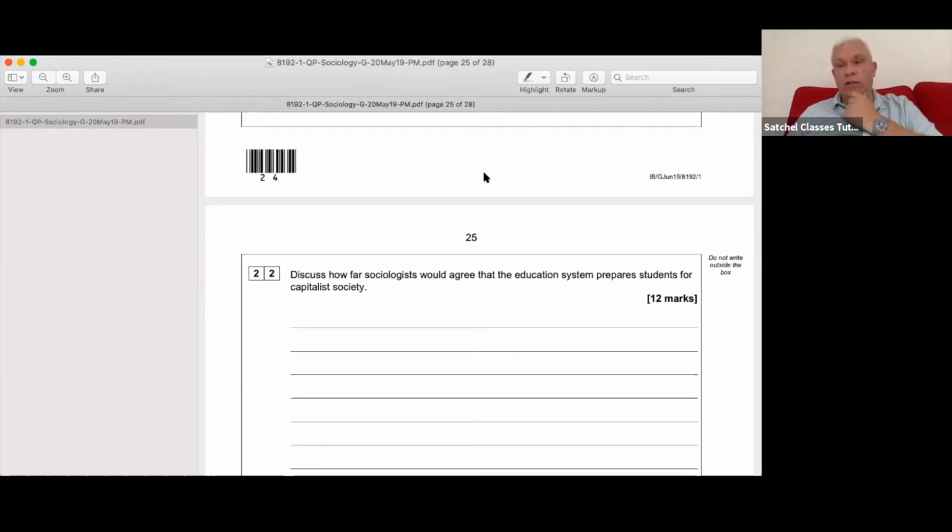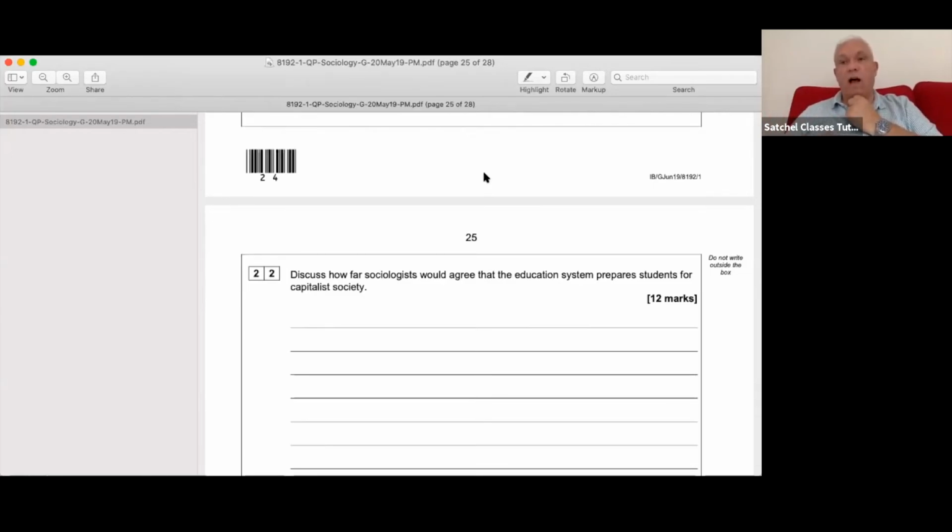What I would suggest you do, if you are looking at getting over grade 6, maybe a 6, 7 or 8, or even definitely a 9, is that you do the 12 markers first. Get them out of the way, because they're going to count for nearly half your marks.